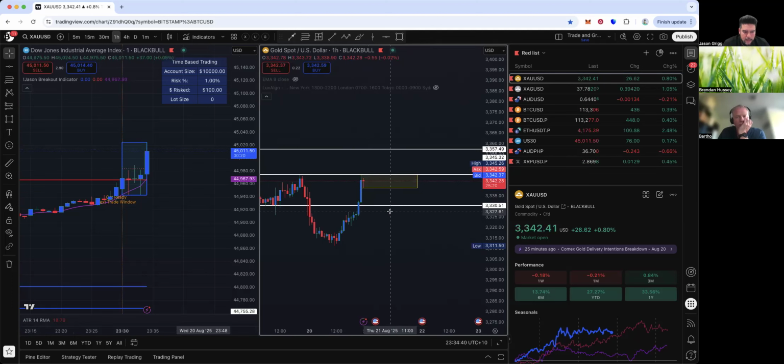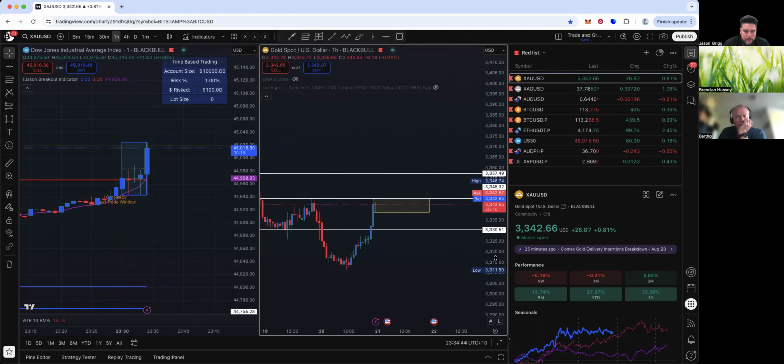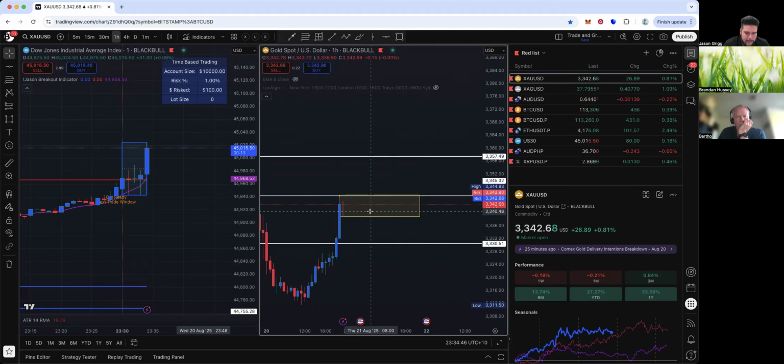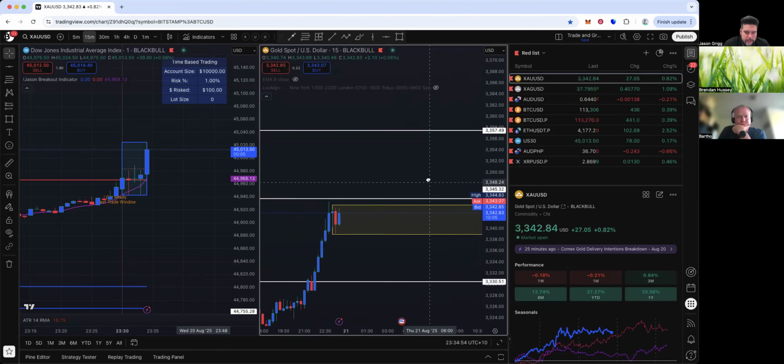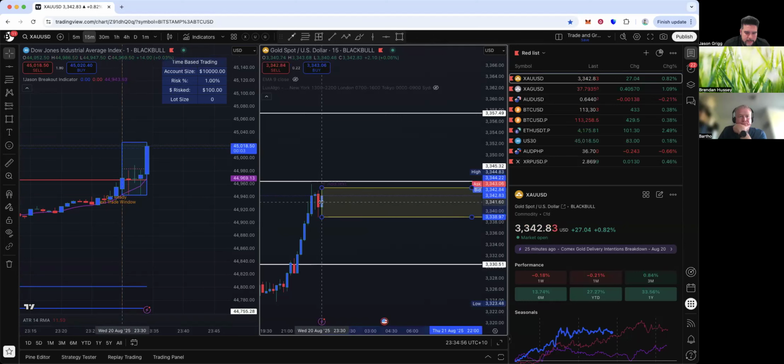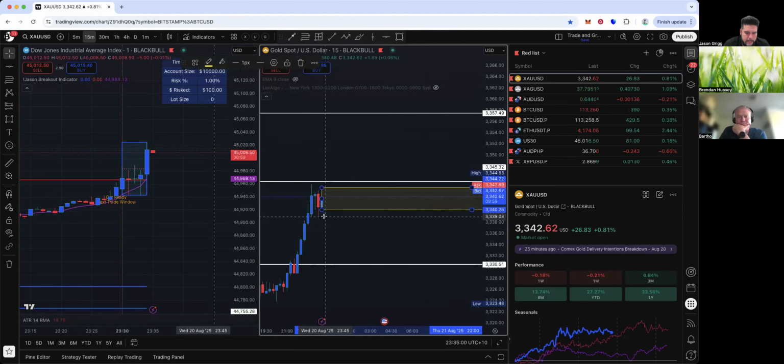So all we're simply looking for is, if you're looking to place a trade using the 15-minute orb, which is currently here on this candle, right?